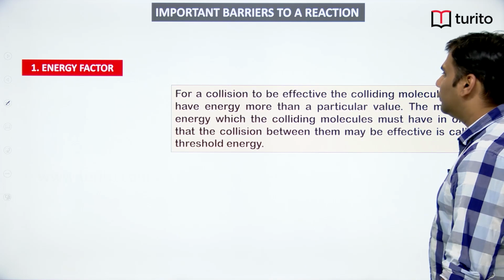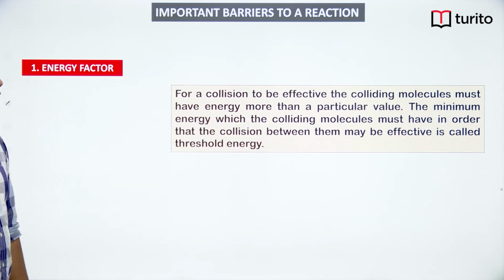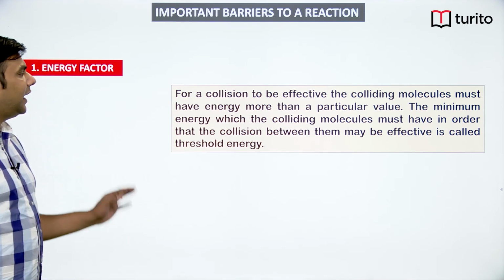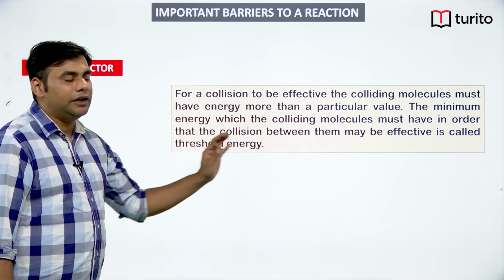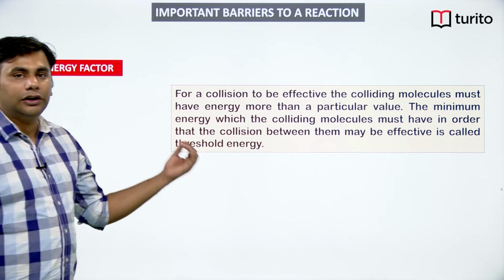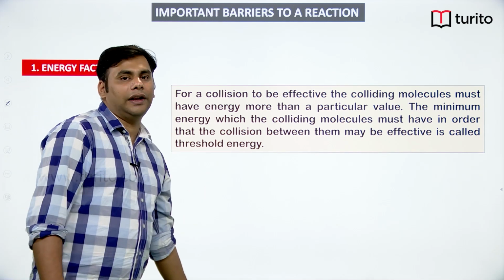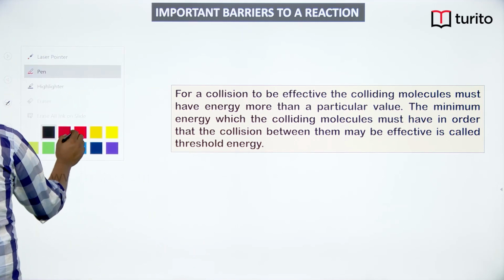For a collision to be effective, the colliding molecules must have energy more than a particular value. This minimum energy which the colliding molecules must have in order that the collision between them may be effective is called threshold energy. So we have introduced a term known as threshold energy.